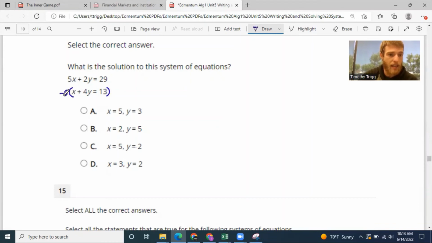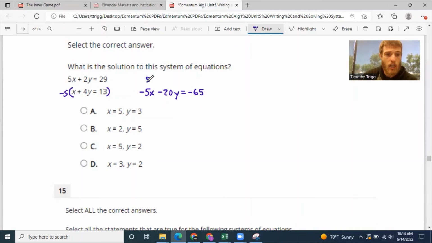That way I would have a -5x here and a positive 5x there. So this bottom equation, when I distribute this -5, is going to be -5x minus 20y equals -65. Again, multiplying the -5 times each term in that equation.